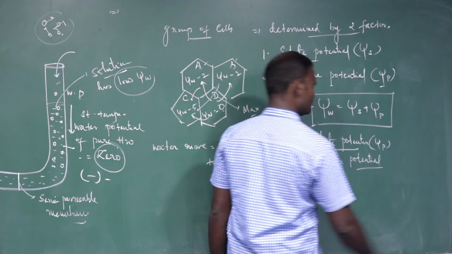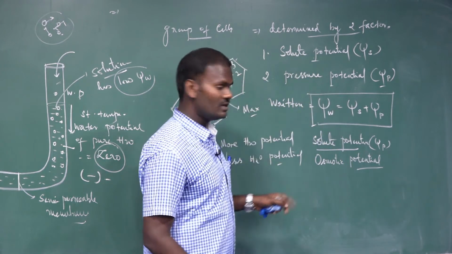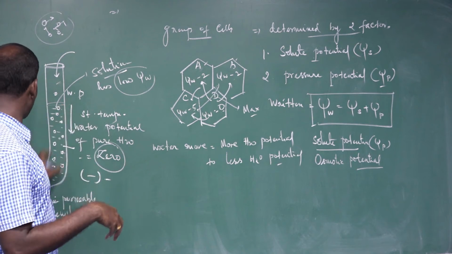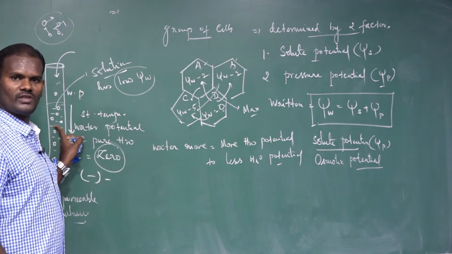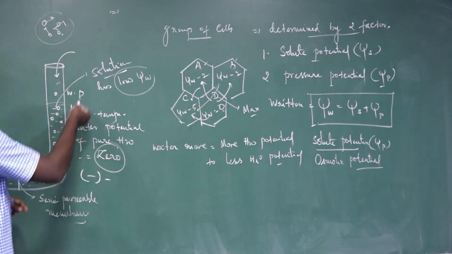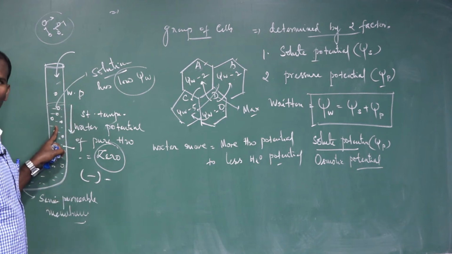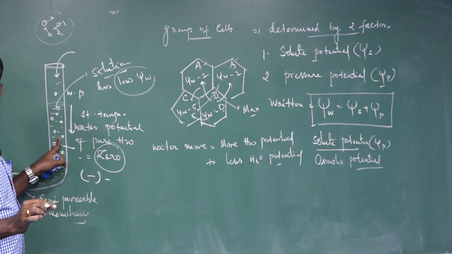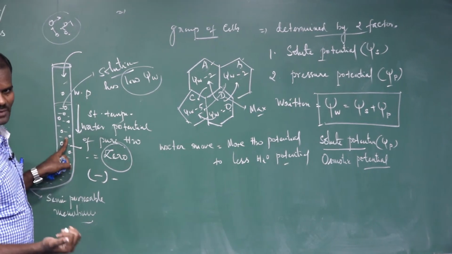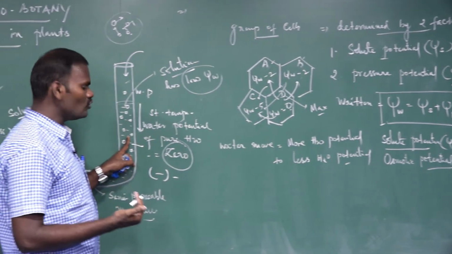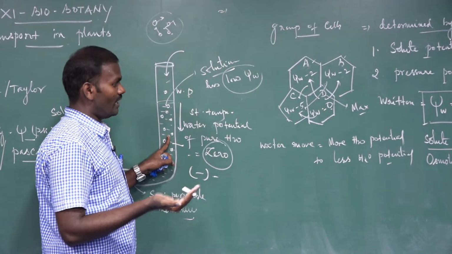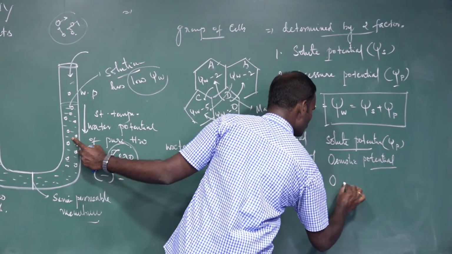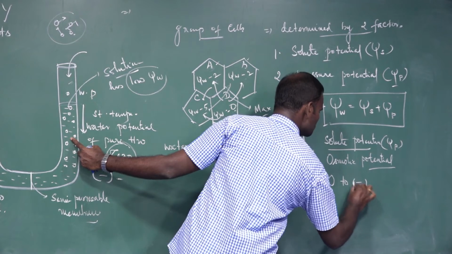It's a simple concept. What is solute potential? It is the effect of dissolved solute on the water potential. If you add any solute particle into the pure solvent, it reduces the free energy of the molecules and automatically decreases the water potential. So the value of the water potential goes from 0 to negative.